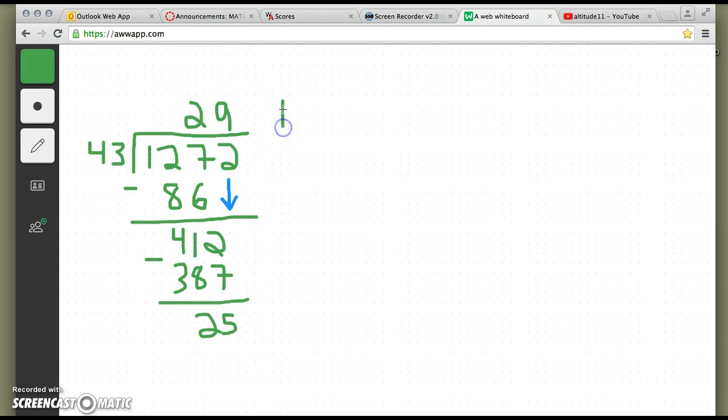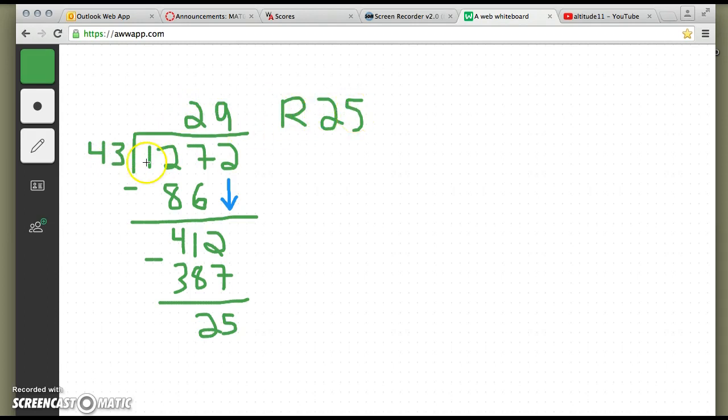And we usually just write that with a capital R, and then you follow that capital R with your number. So we would just say R25. So what we are saying here is that 1,272 divided by 43 is 29 remainder 25.